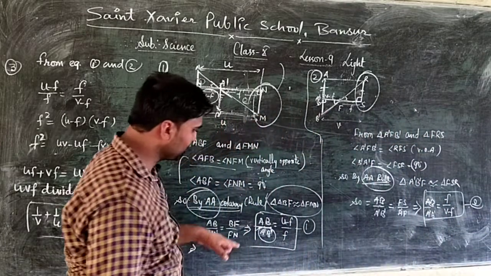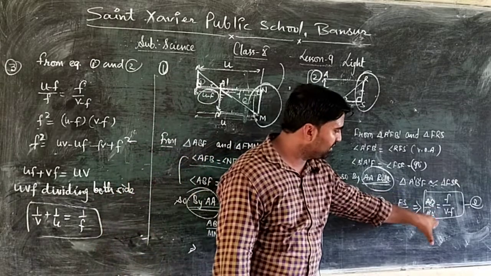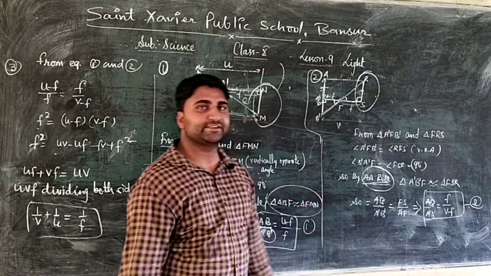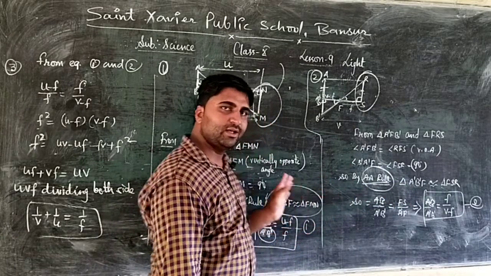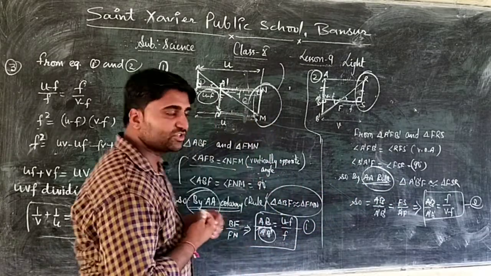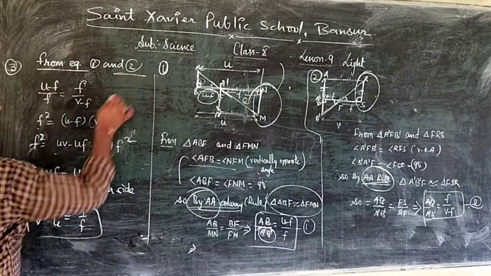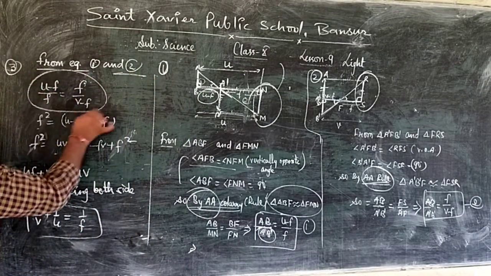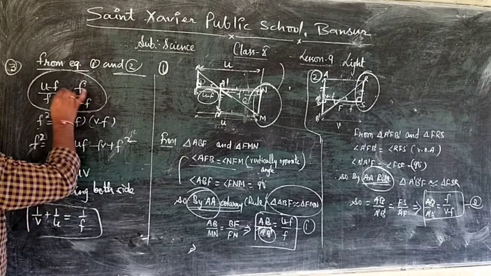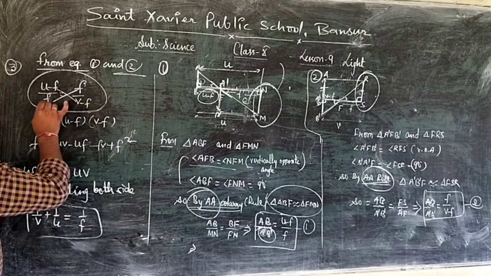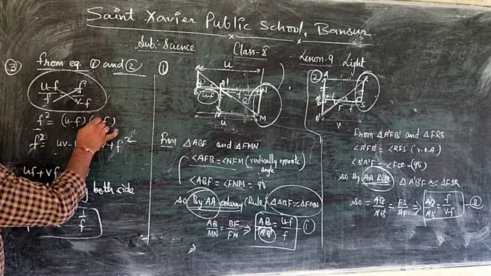In both equations you can see AB upon A dash B dash, which means the LHS is equal. If in both equations the LHS is equal, then the RHS will be equal to each other. So from the first and second equations, I can write both the RHS this way. Now you have to cross multiply. F into F will be F square, and now U minus F and V minus F you have to multiply.